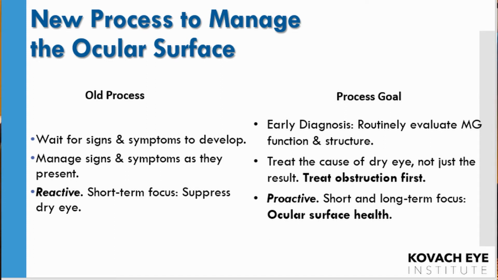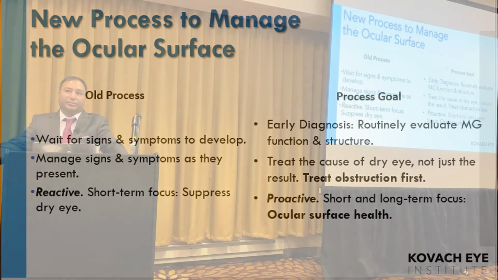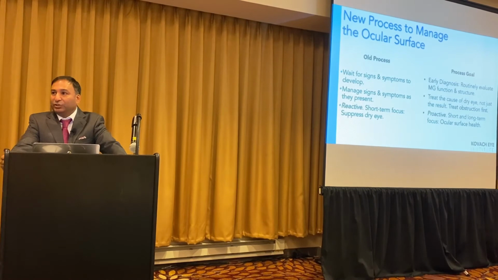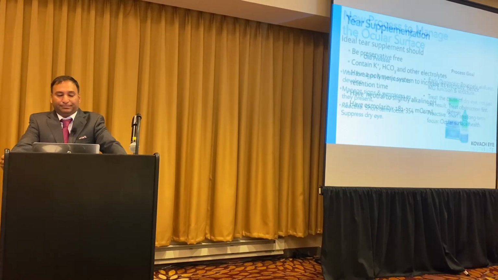So treat the inflammation and the obstruction of the meibomian glands, rather than just replacing the tears. Of course, be proactive. You have long relationships with your patients, so you want to treat with a short and long-term focus on the ocular surface health of your patient throughout their expected life, and that's a long time. So it behooves us to really focus on this.